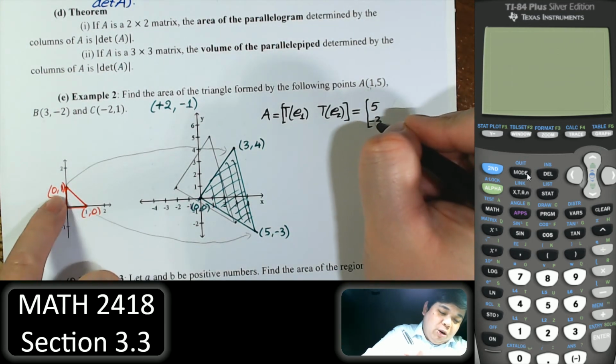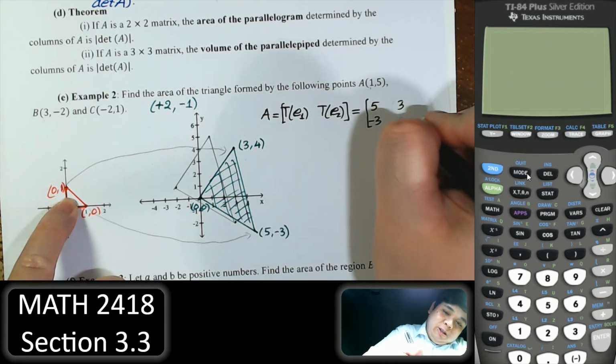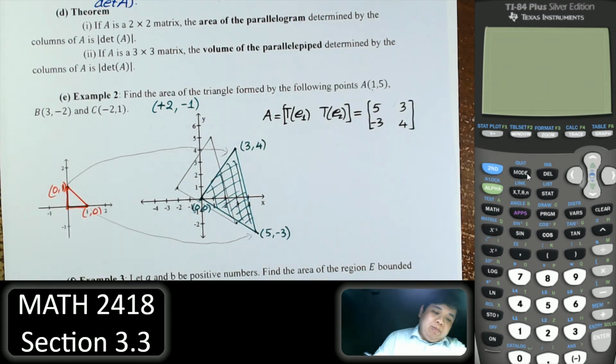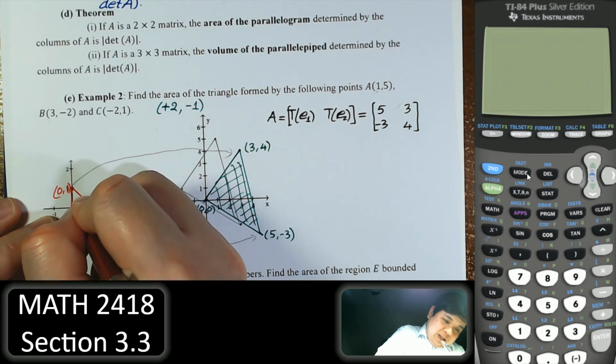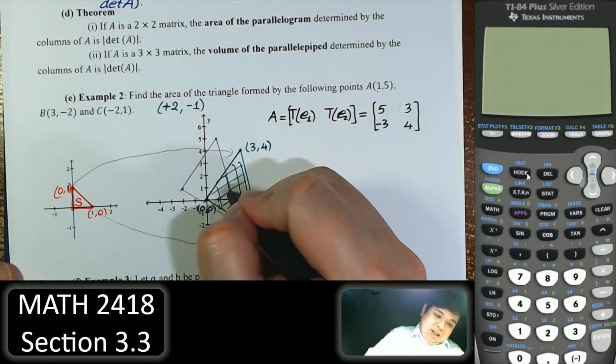And the transform of 0 and 1 is going to be 2 and 4. Right. And now let's say this is S, and this is T of S.